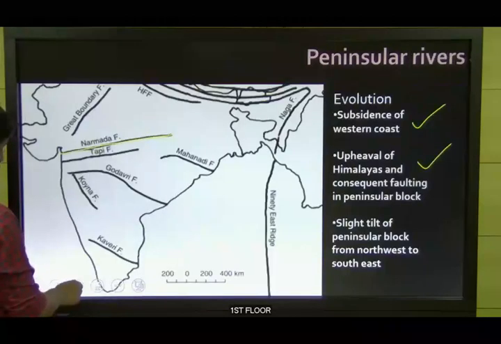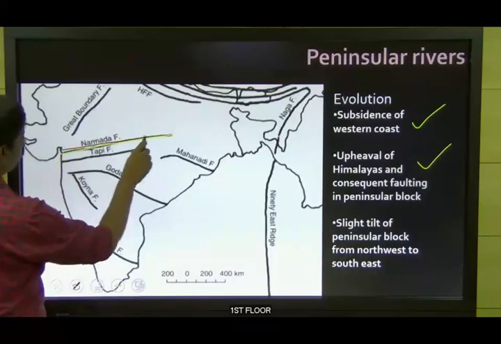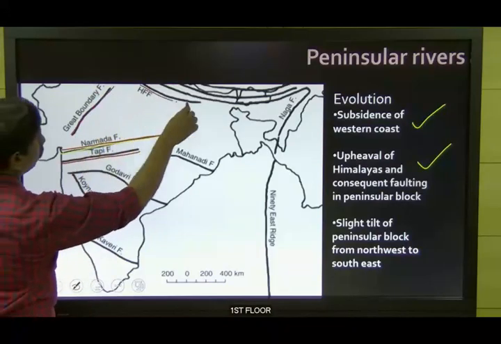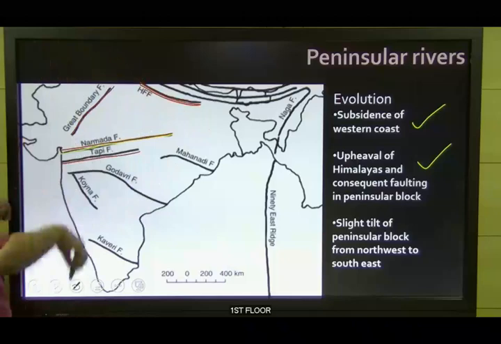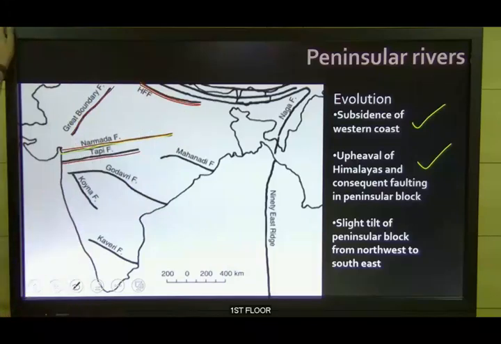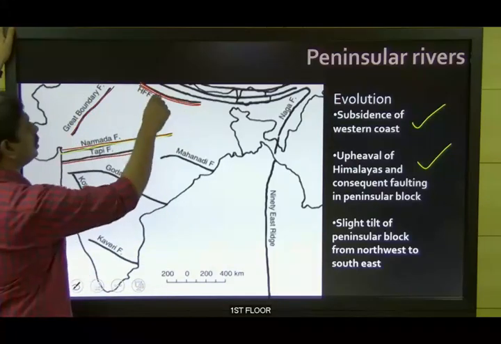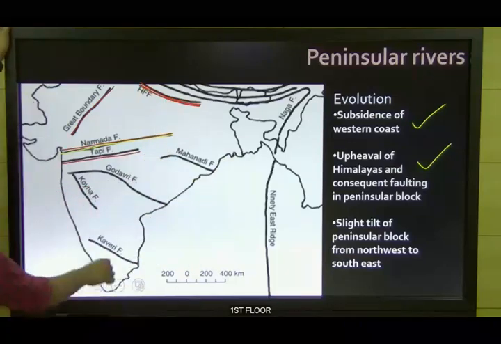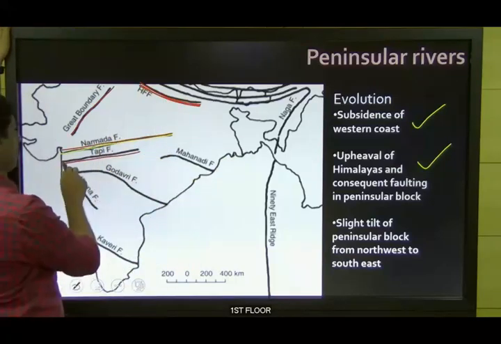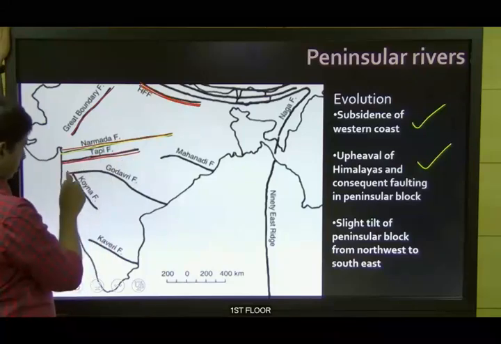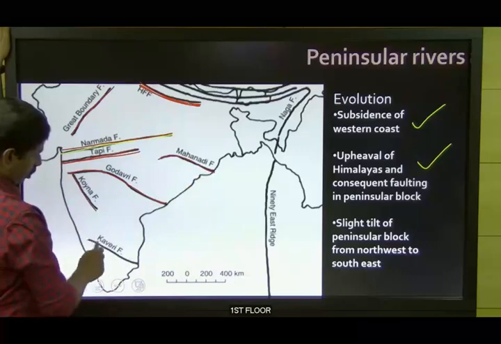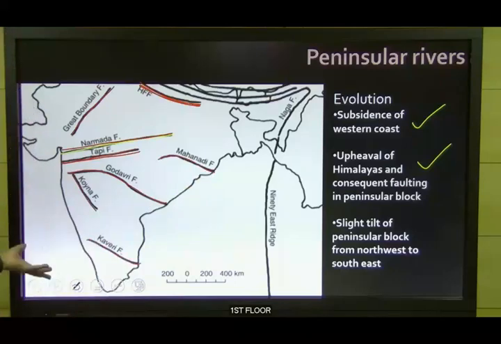Okay, sorry. These are the faults: Tapi fault, Great Boundary fault, Himalayan front fault, which we have seen during Himalayas. The Himalayan front fault is occupied by Gangetic rivers. Okay, here Narmada fault, Tapi fault, Godavari, Mahanadi fault, Krishna fault, Kaveri fault. These are the major faults.